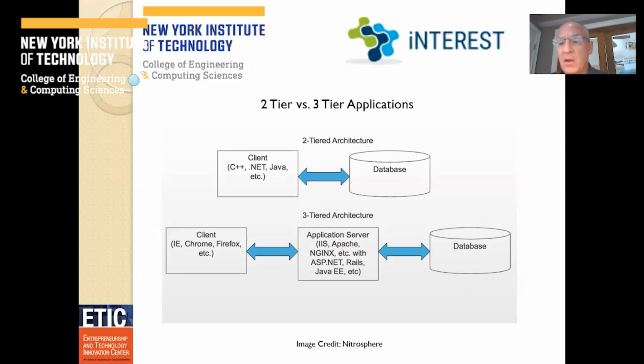That's two-tier. When we want a cloud-based system, and we want millions and millions of people to access our system, when we want to update 8 million users at one time without updating all their machines, we have to go to a three-tier environment.